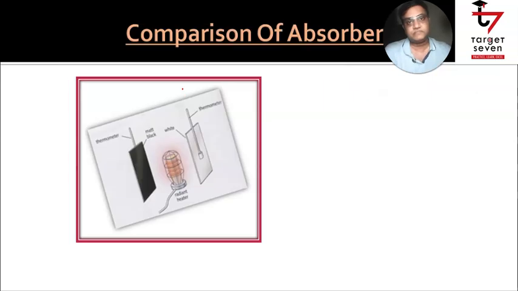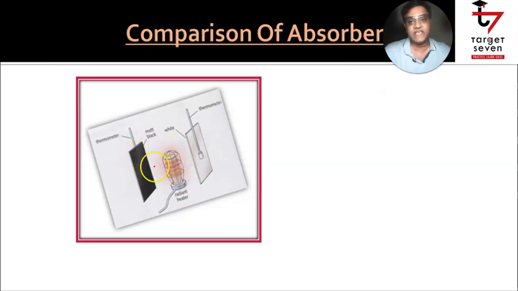rooftops. If I need to compare the absorption of two different bodies and check whether this black colored surface is actually a good absorber, what we can do is have a heat source, place two surfaces, one which is colored black and the other a white or silver colored object, and place both of them equidistant from the heat source.